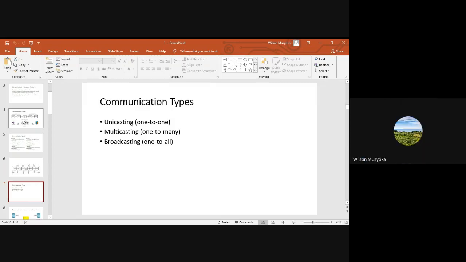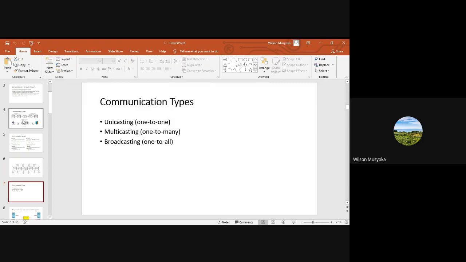For example, I will share the difference between multicasting and broadcasting. Think of an example like these pay TV systems like GoTV or DSTV. The transmission made by DSTV is sent to many, but those who receive it are those who have subscribed or can be identified by that system.